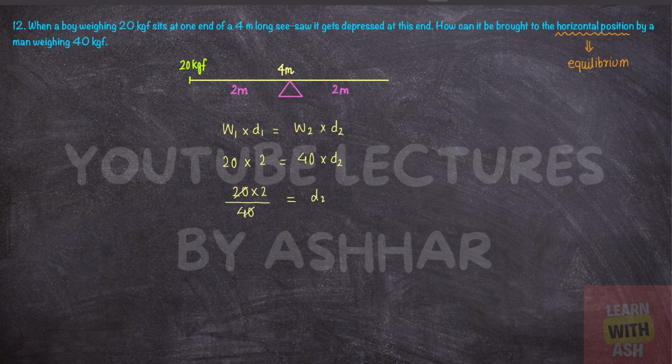So 20 twos are 40, divided by 40 is 1. So we can say D2 is equal to 1 meter. That means that particular person must be seated at a distance of 1 meter from the center, which means the other person should be over here at a distance of 1 meter.